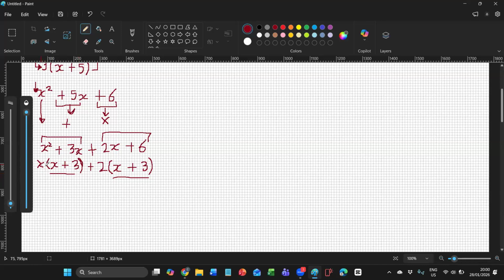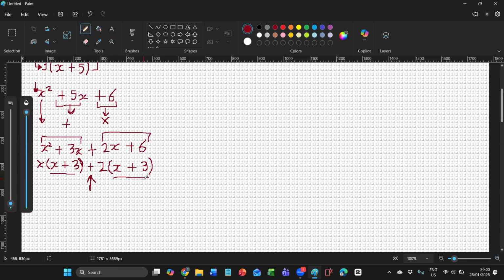Can you see that here, this first one, I have x times bracket x plus 3? That's a multiplication relationship, isn't it? Now, can you also see that on the other side of this middle plus sign, the one that I just put an arrow for, not the other one, on the right hand side, there's another multiplication relationship where I have 2 times bracket x plus 3.